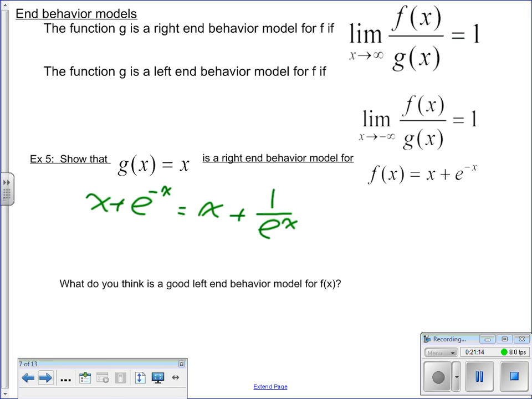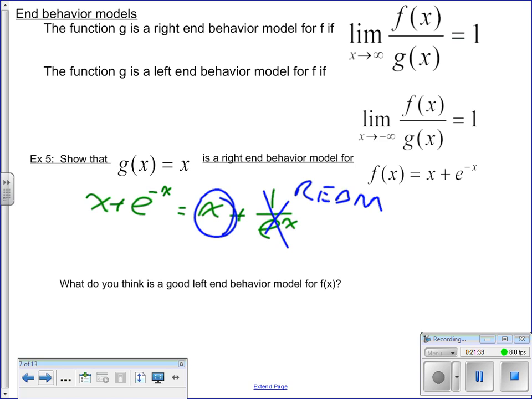So this x is my end behavior model, my right end behavior model, right EBM. x is my right end behavior model because this becomes essentially zero. It is irrelevant.